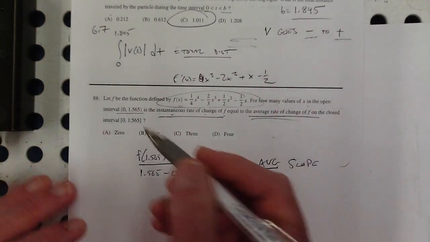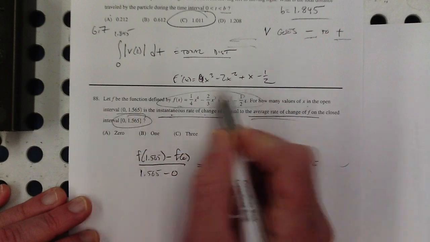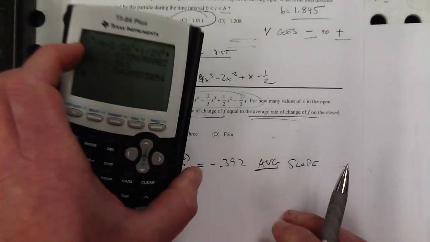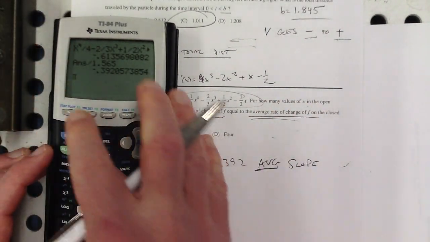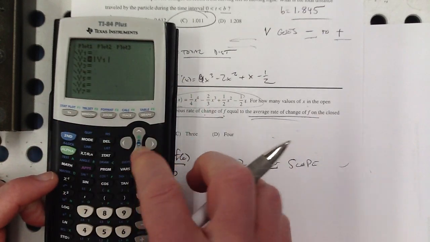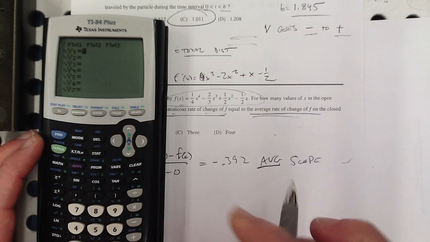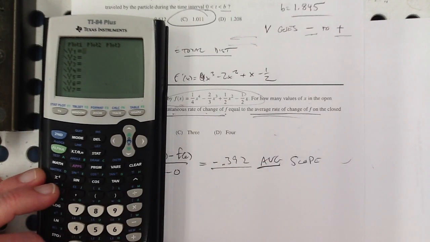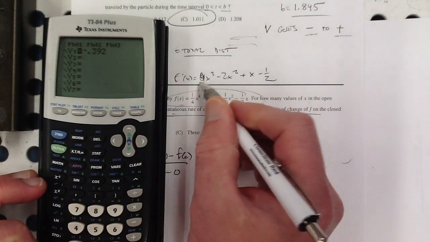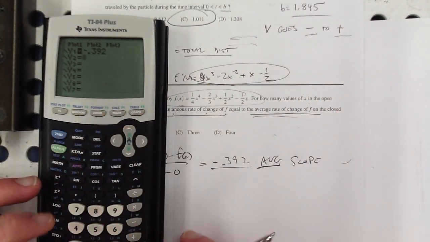So I want to know on the interval from here to here, where are these things equal to each other? So I could just graph them both, right? That's one way of doing this problem. So here's my average slope. I'm just going to graph that, negative 0.392. I'm going to graph that horizontal line, and then I'm going to graph my derivative and see how many times it crosses that line.